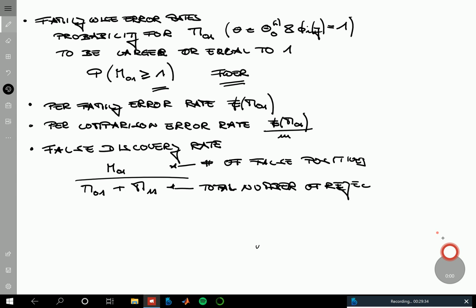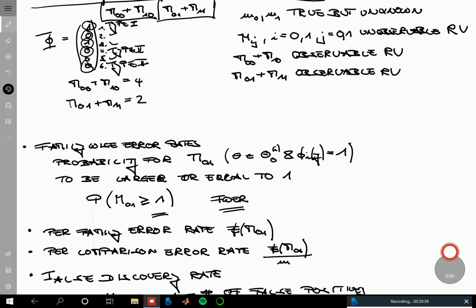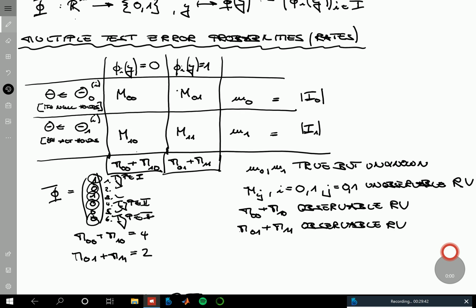So what I'm trying to say here is that based on this scenario, you can define different forms of error probabilities, and each of these error probabilities you can then try to control based on your test procedure. So you should really understand these things just as definitions, and if you then construct a test, then with your test you want to control, for example, the false discovery rate, or you want to control the family-wise error rate, and then you design your test accordingly.